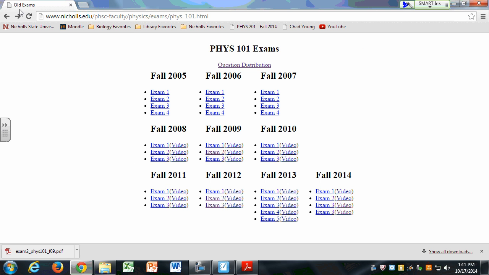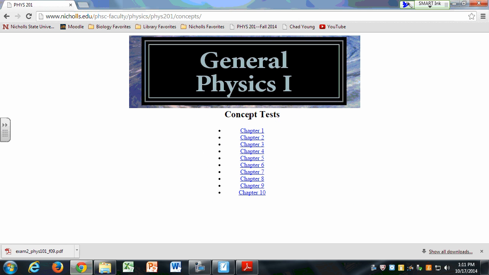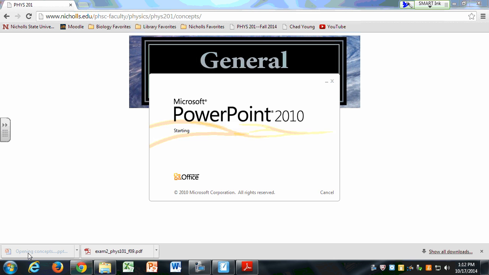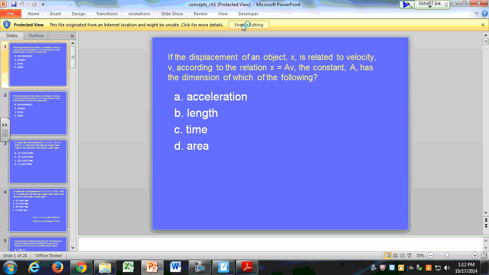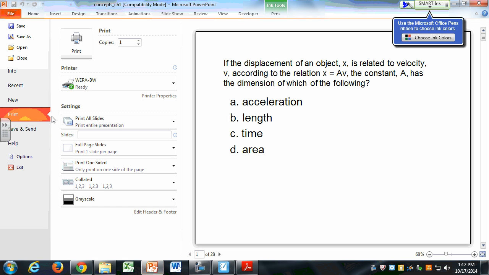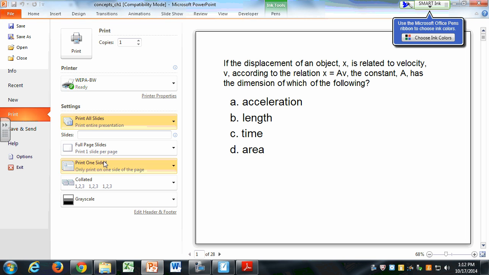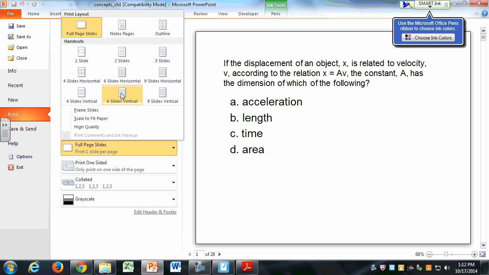Yeah, let me show you. If you go to the concept test, download them as a PowerPoint. If you go to File, Print, you want to print the notes. I like to do 6 slides horizontal like that, and then that puts the question on one side, answer on the other.